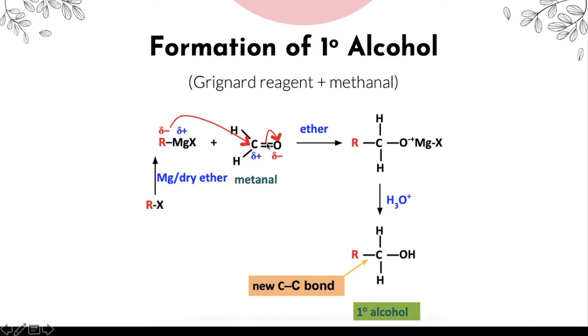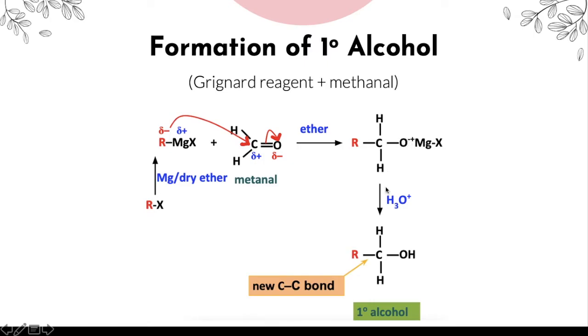In dry ether, the oxygen will be O minus, and because the R is already bonded to this carbon, this leaves MgX delta plus, which will bind to the O minus.